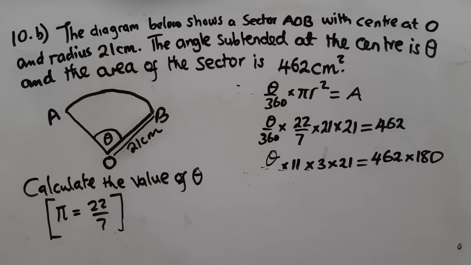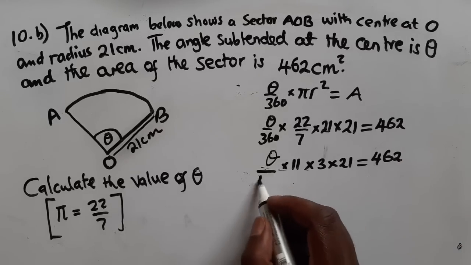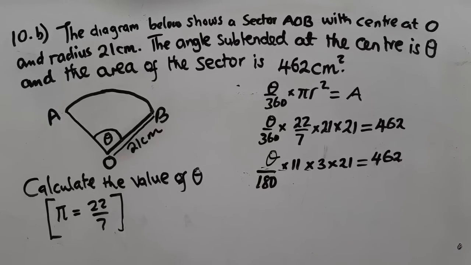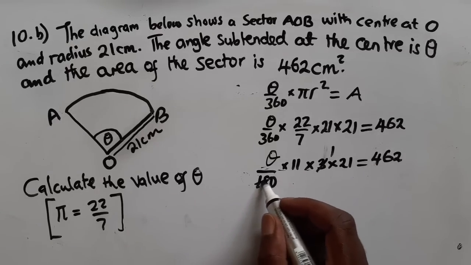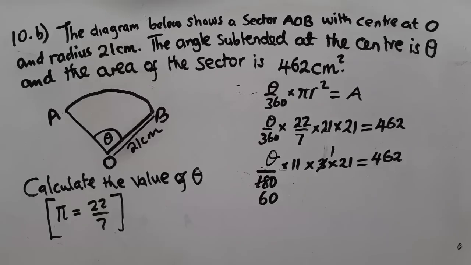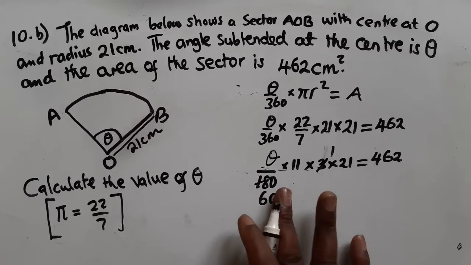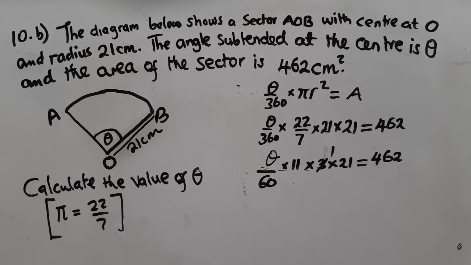Or maybe if you want, just a minute, when we still had 180 here, we can say 3 into 18 is 6. So meaning here we are remaining with 60.